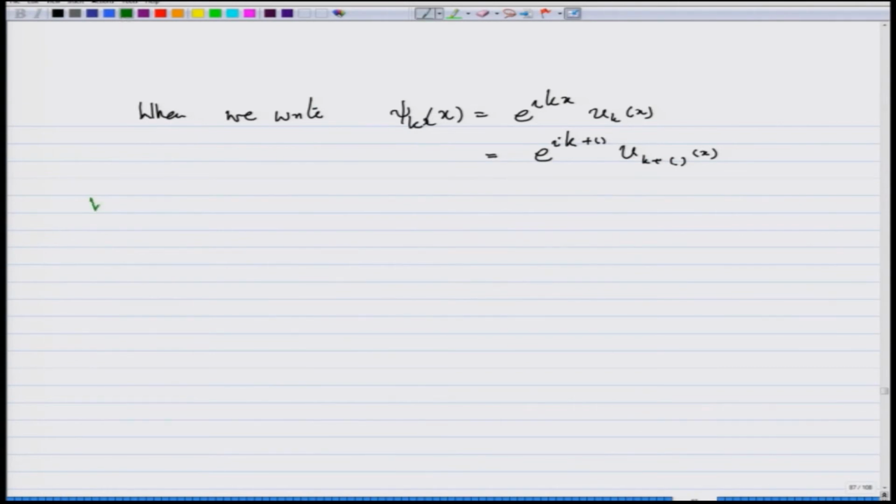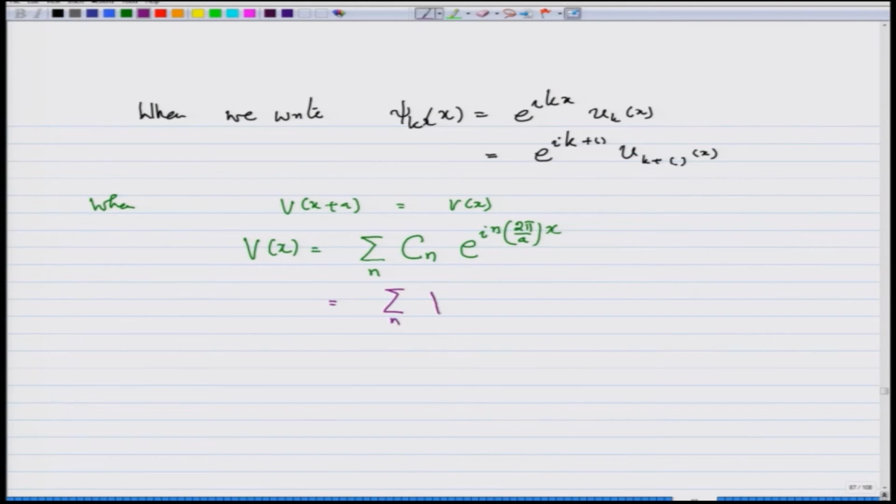So, when V(x + a) is equal to V(x), V(x) can be written using a Fourier series, a summation over n of some constant C_n times e^{i 2π/a x n}, and these C_n's I am going to call the nth component of V. So, I am going to write this as summation over n of V_n e^{i n 2π/a x}.